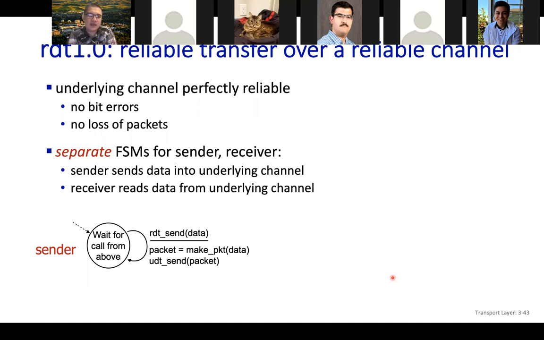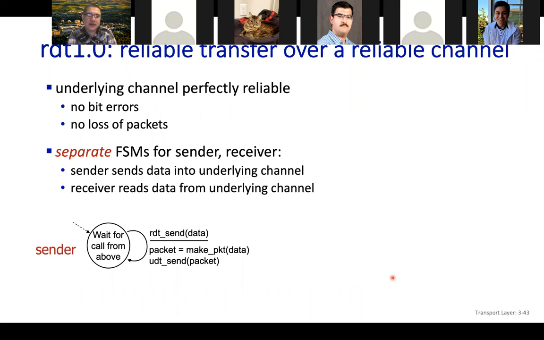And what is specifically in the rdt_send data? It will make a packet and use udt_send, the unreliable data transfer protocol, to send the packet through the link, or through the lower layers.